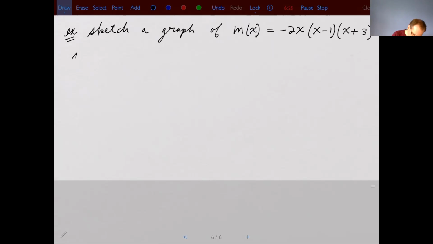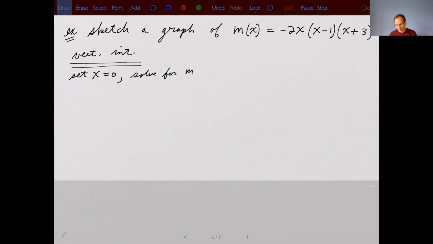So let's do the vertical intercept first. Well, how do I figure that out? In this case, I would set x equal to 0 and then solve for y, but here I'm calling it m, right? So set x equal to 0 and solve for m. So I want m evaluated at 0. So this would be negative 2 times 0.